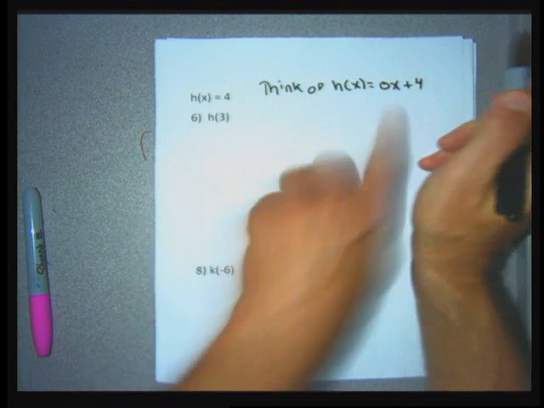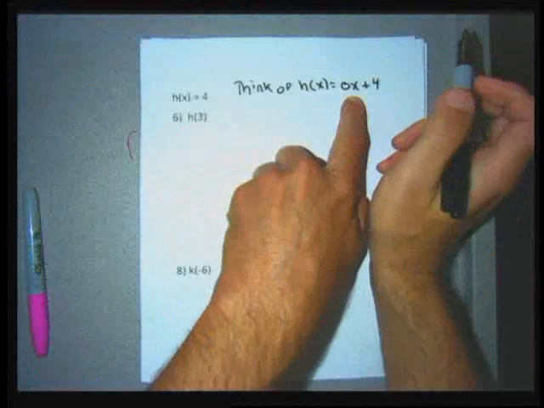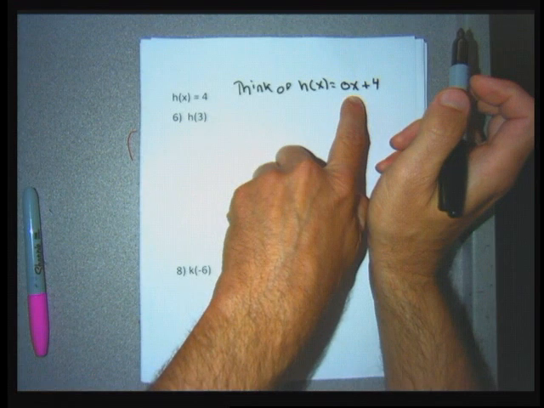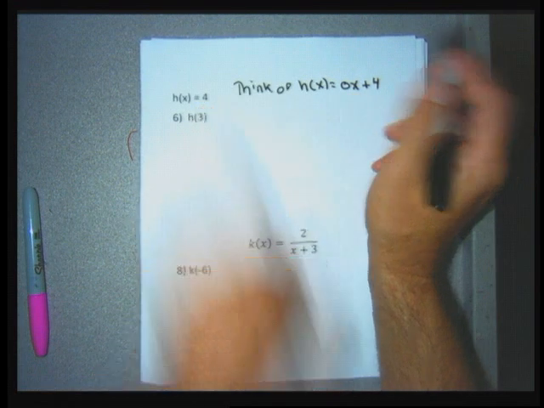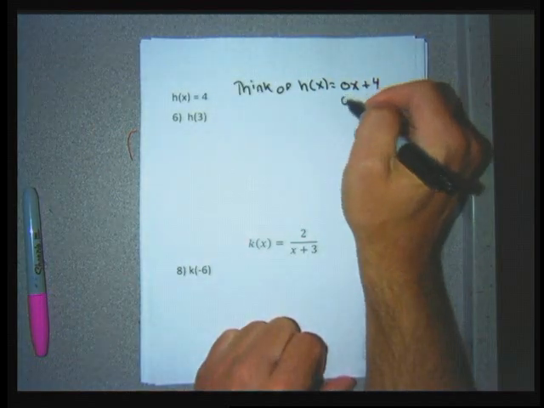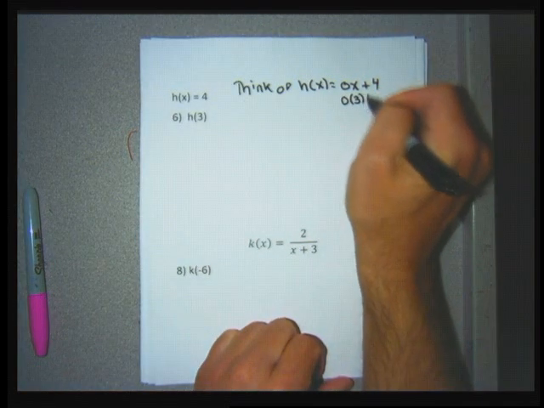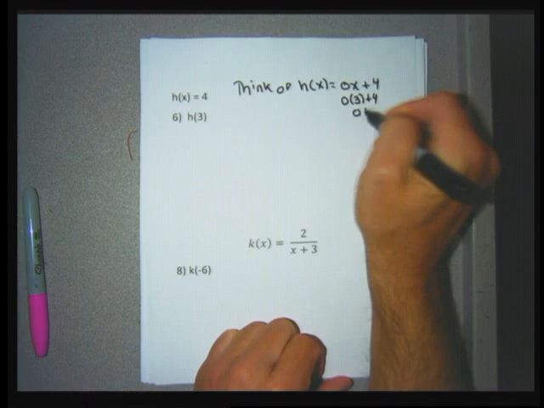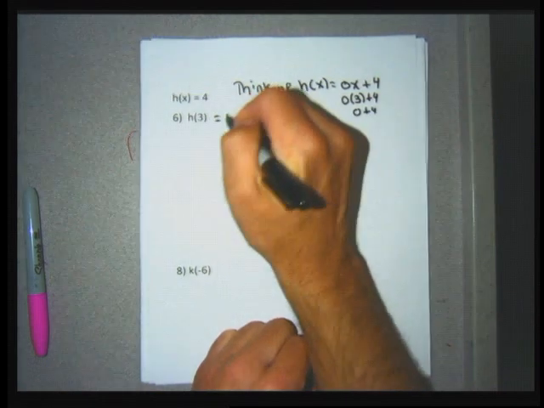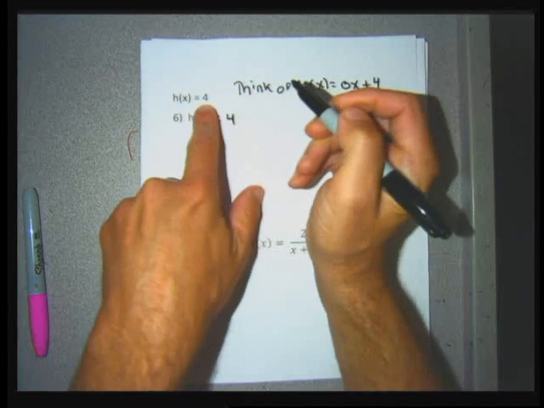If you really need to see an x, you can write a 0x, because 0x is the same as 0. 0x plus 4 is the same as 4. And this I could go 0 times 3 plus 4, which is 0 plus 4, which is 4. There's just no place to plug the x.